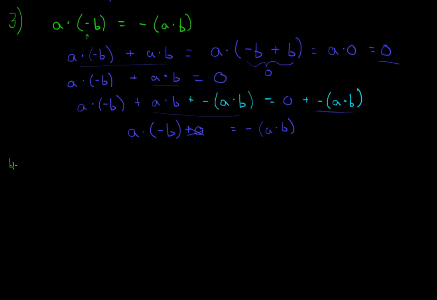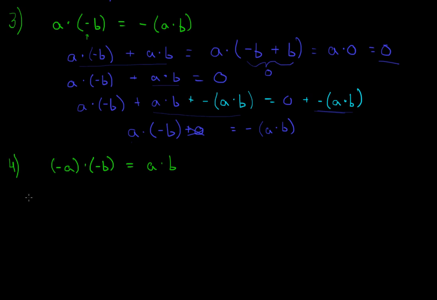Number 4. I'd like to prove that negative a times negative b is equal to a times b. In other words, a negative times a negative is a positive, just like you expect.